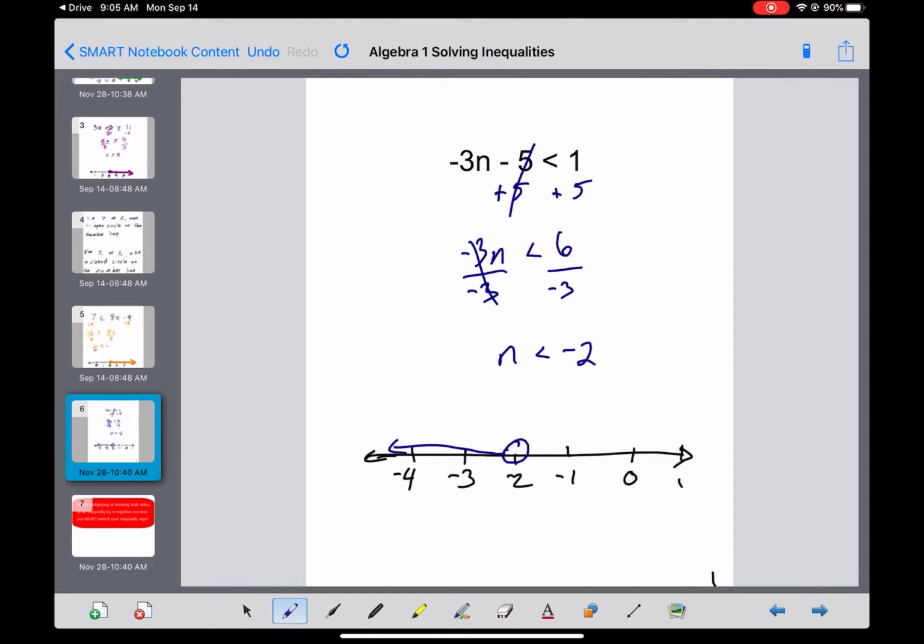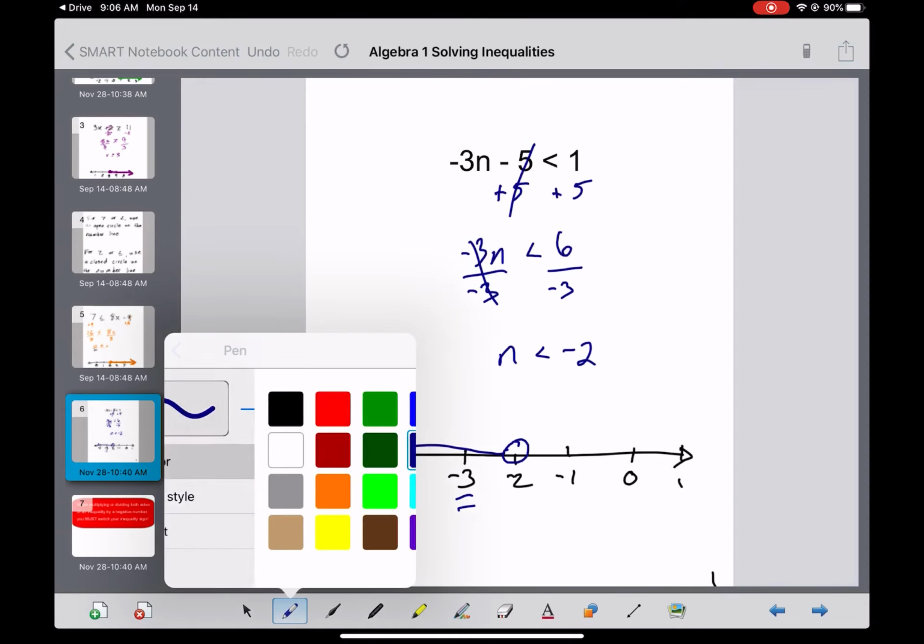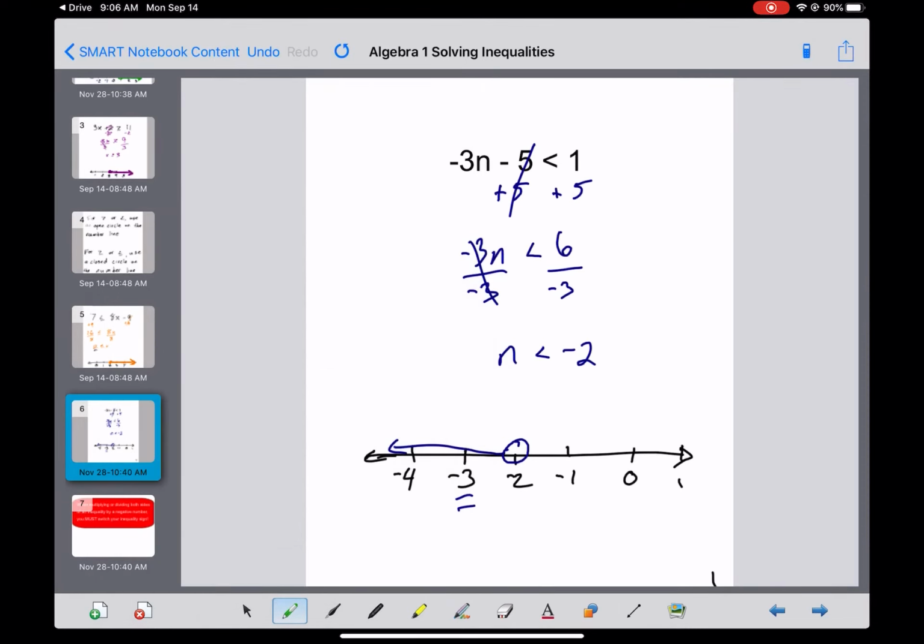But we actually kind of have a problem here. And this is why it's a good idea to check your answers if you're not sure about something. If I plug in a value to the left of negative 2, like negative 3, I'm just going to check my answer to make sure this makes my inequality true. So I'm going to do negative 3 times negative 3 minus 5 is less than 1.